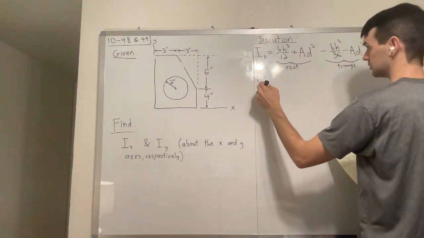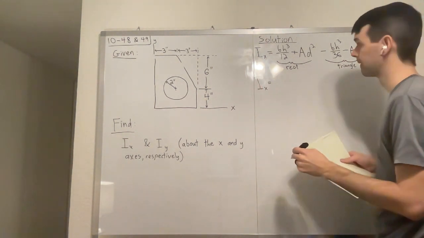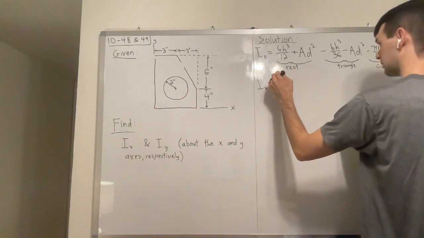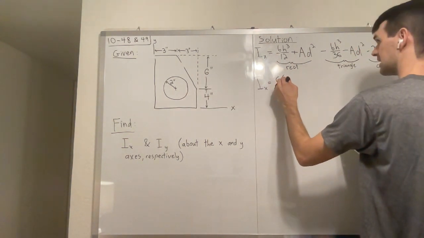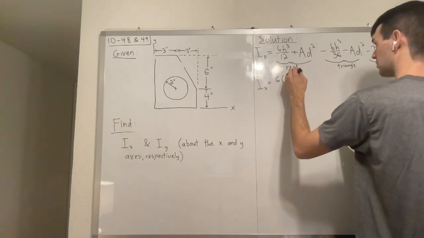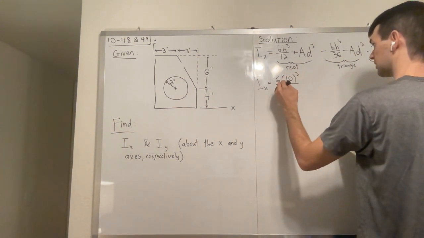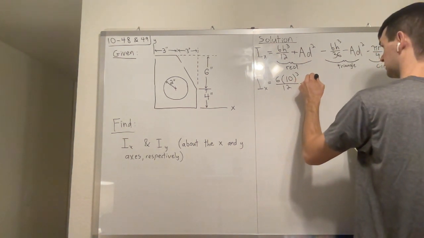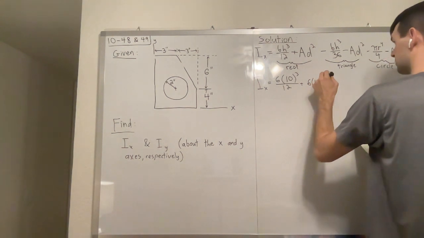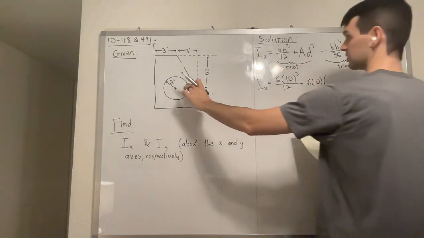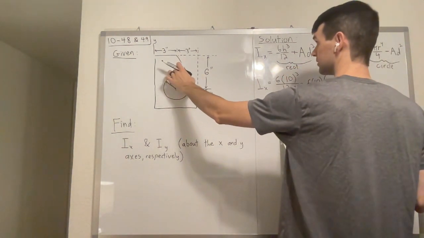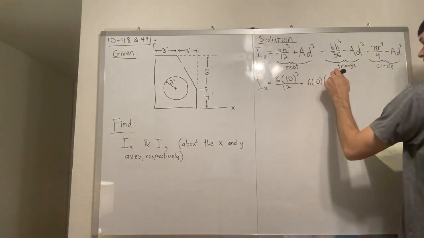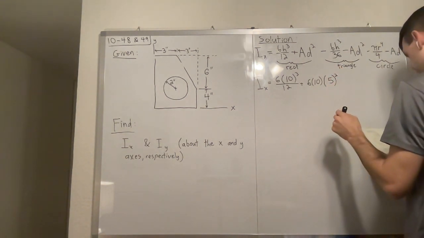So we get Ix equals, the base of the rectangle is 6, the height is 10, and we need to cube that. It's divided by 12, plus the area is just 6 times 10. And then we need to multiply by the distance, which is going to be the centroid at the center of the rectangle, which is 5 up from the x-axis, so 5 squared.